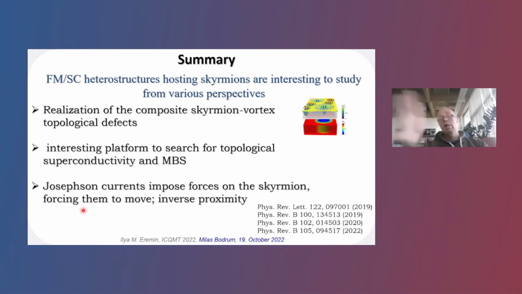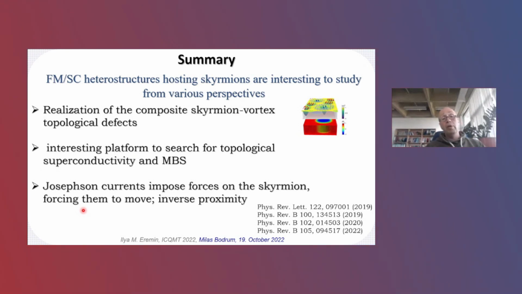So I tried to give you an overview of where we are in looking at interfaces hosting skyrmions and a superconductor. First of all, there is a very interesting experimental realization of the composite pairs, the vortex-skyrmions, which is interesting from the perspective of finding topological superconductivity and Majorana bound states. There is still something which is not fully explored, namely how the Josephson current is modified in the presence of skyrmions.